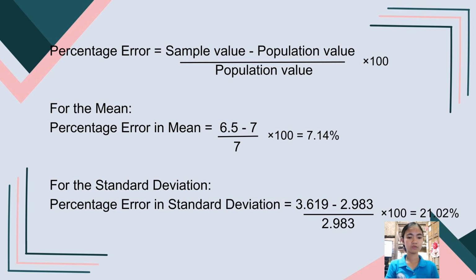So, the sample mean was wrong by approximately 7% and the sample standard deviation was wrong by approximately 21%.